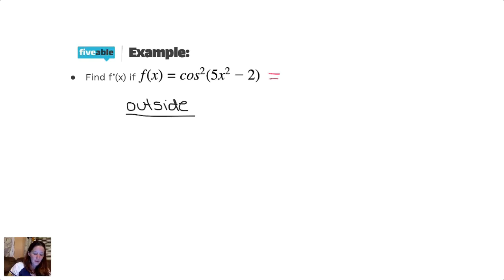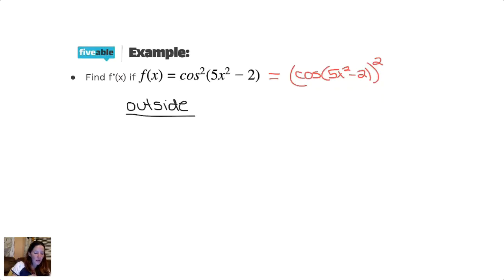So this is the same thing as saying cosine of 5x squared minus 2, take that whole thing and square it. So you actually have 3 layers of composite here. You have the squared, then you have the cosine inside of it, and then you have the 5x squared minus 2 inside of that. So this is going to be a 3-way chain rule. Okay, so that's a little bit of an extra step here, 3 ways.